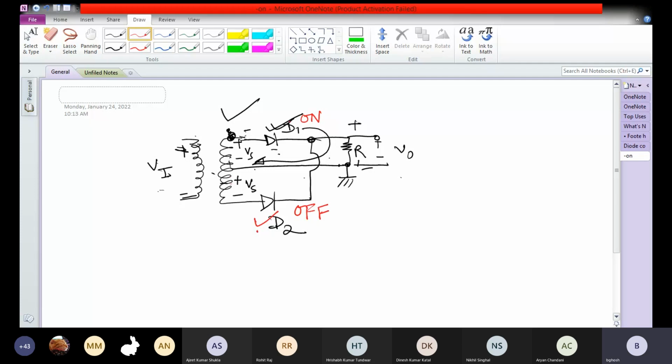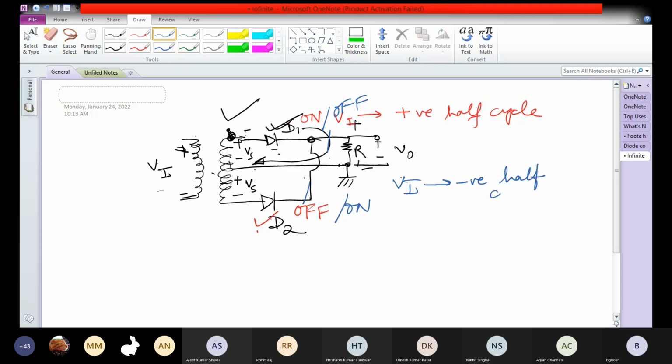During the negative half cycle of Vi, D2 is on and D1 is off.